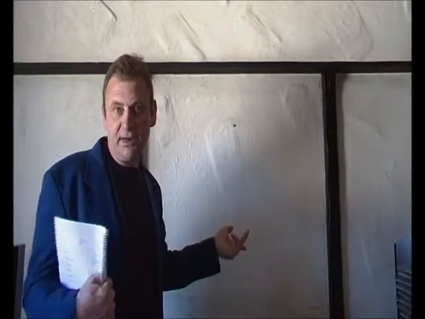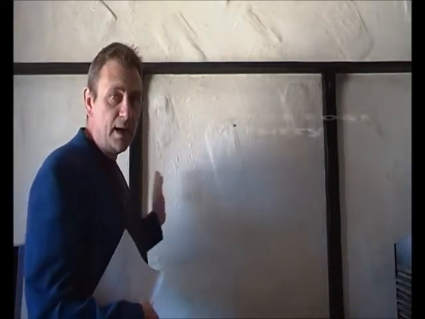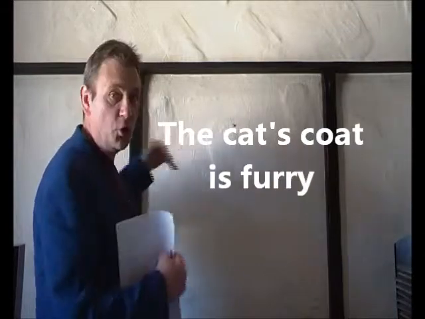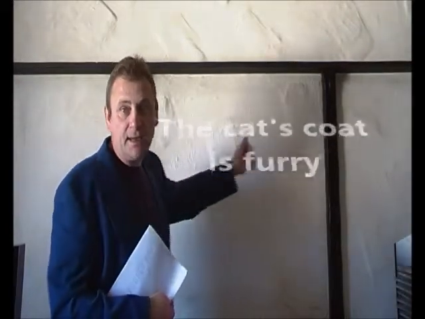The cat's hair is furry. There is only one cat, there's not two cats, and it's not a contraction because it's not two separate words. Okay, it's not like the cat is hair is furry. It doesn't make any sense at all. So you just got to remember that. My jacket's too big for me is a contraction.